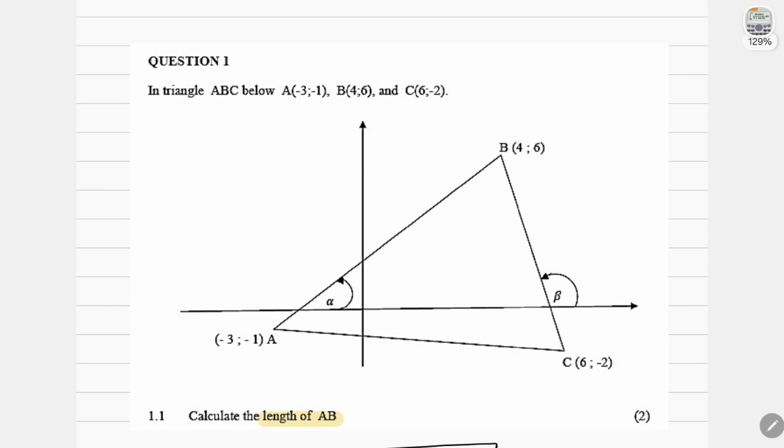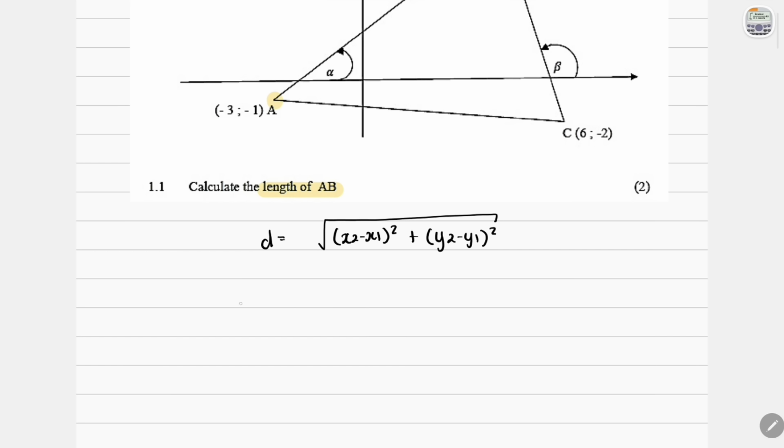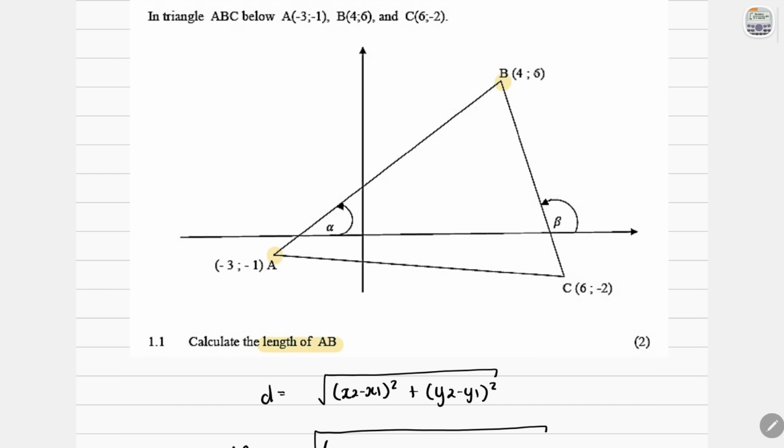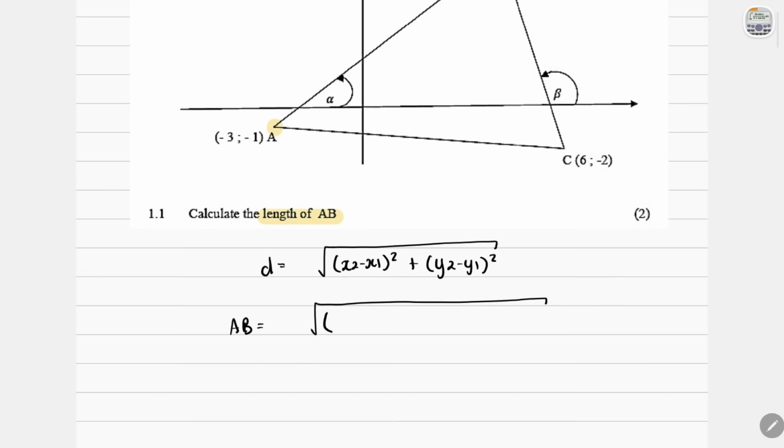Okay, so with A and B, you can use any one as point 1 and point 2. So if we take this as point 1, we're going to just say x2, point 2, minus point 1's x. So AB is equal to the square root of (x2 minus x1), so that's going to be 4 minus -3.